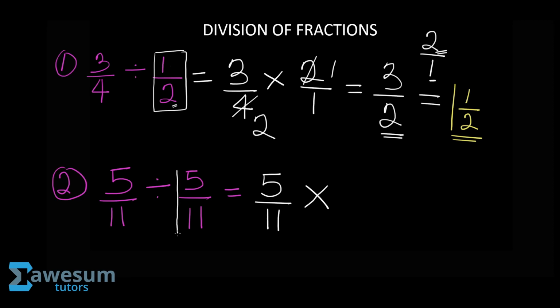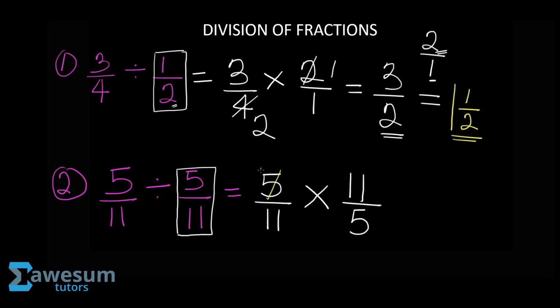And this is the second fraction. We said that we change this second fraction to the reciprocal. So this 5/11 becomes 11/5. All right. Then the next thing is for you to multiply.